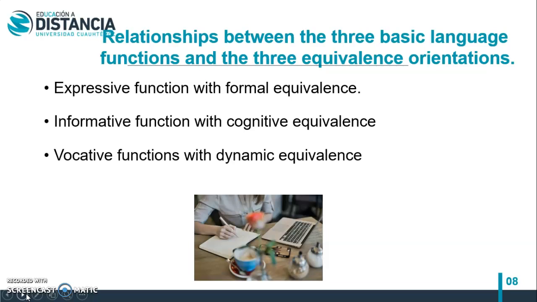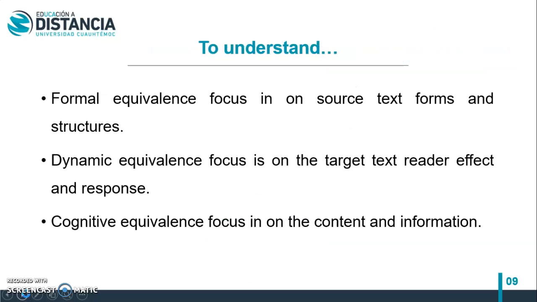Okay, for example, the expressive function is associated with the formal equivalence. But on the other hand, the informative function is associated with cognitive equivalence. And finally, the vocative function is associated with dynamic equivalence.